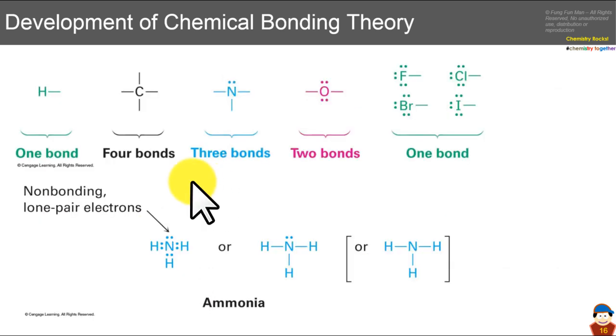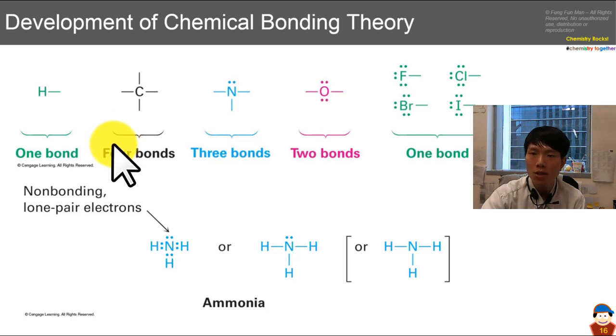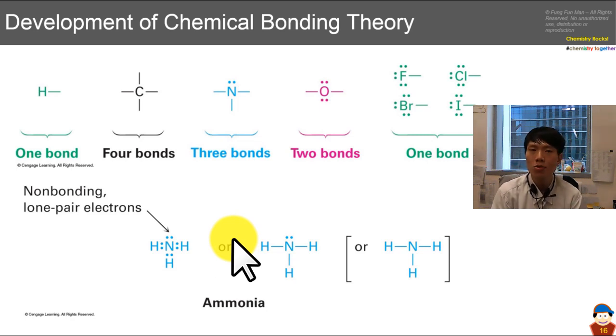Now the number of covalent bonds that each element forms depends on the additional valence electrons needed to reach noble gas configuration. Basically, if you look at the periodic table from period 2, you can think of it as group 1 forms 1 bond, group 2 forms 2 bonds, group 3 forms 3 bonds, group 4 forms 4 bonds, group 5 forms 3 bonds or 5 bonds, group 6 forms 2 bonds, group 7 forms 1 bond.